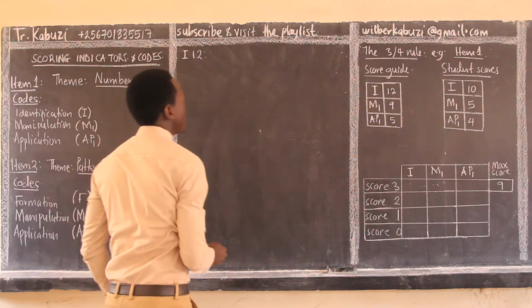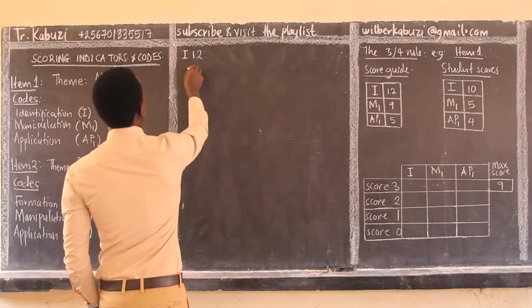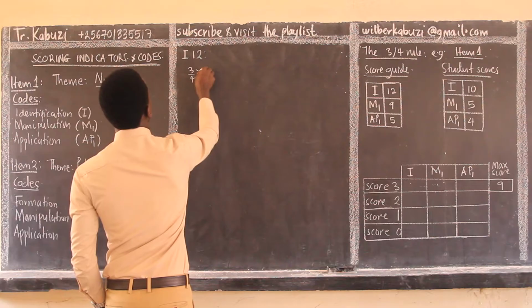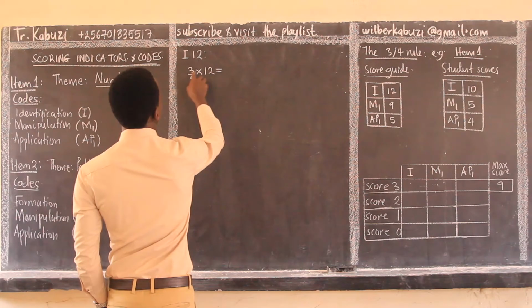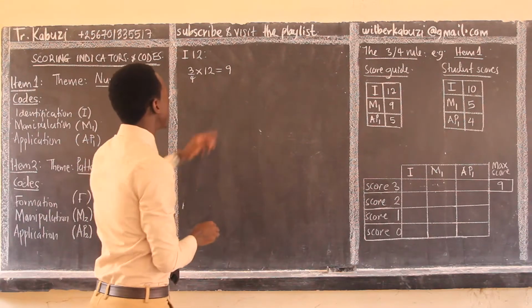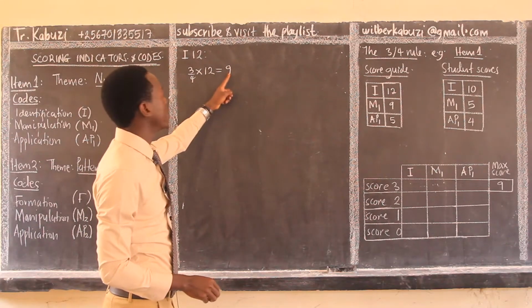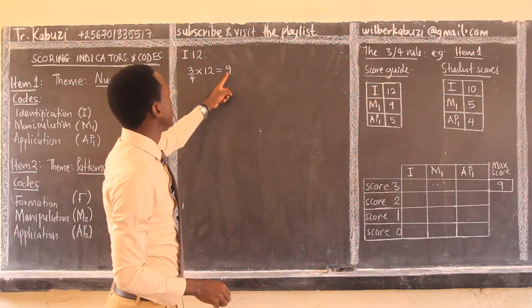Now for the 3/4 rule, you first multiply 3/4 times the total, and this will be 3 times 3, which is 9. Now this becomes the lower bound, so from 9 to 12.